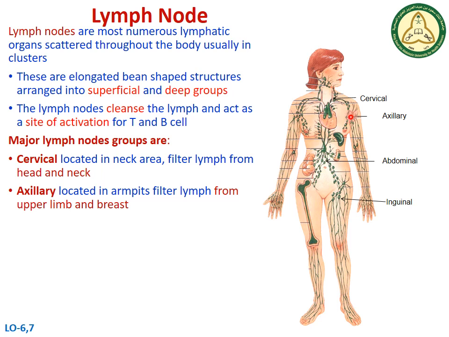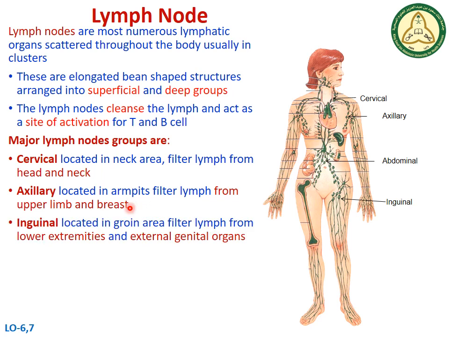Or sometimes if the lymphatic duct is blocked, you have seen the picture of a very big mammary gland, the breast hanging from the female, just because the lymphatic duct was blocked and all the fluid accumulates inside the tissue.